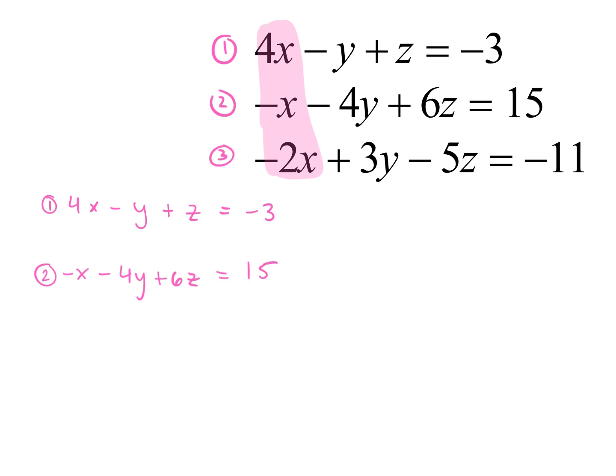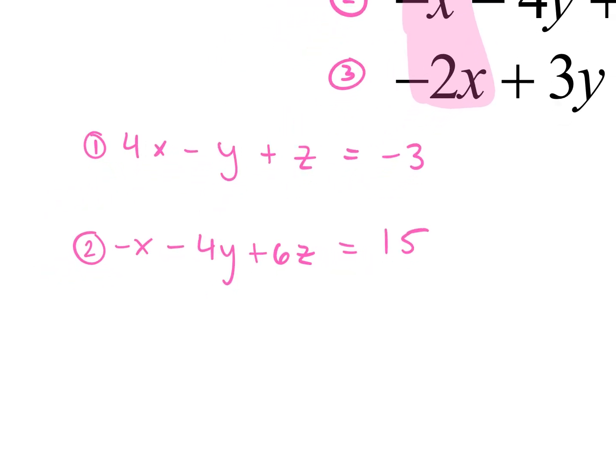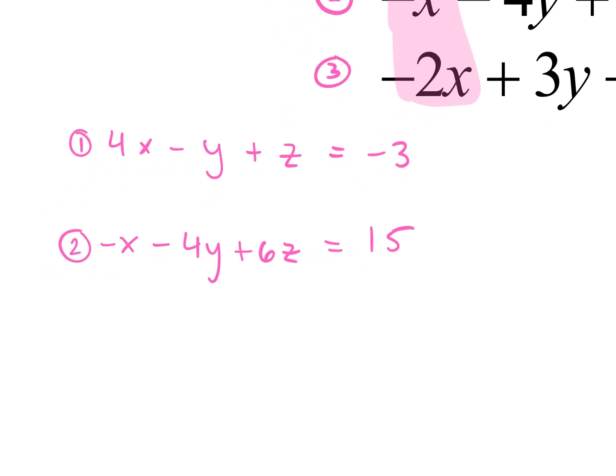What do we need to multiply by and to which equation to get the x's to cancel? Awesome. Let's multiply 4 to our second equation. So everything gets multiplied by 4. So our new second equation is negative 4x minus 16y plus 24z is equal to 4 times 15 would be 60.